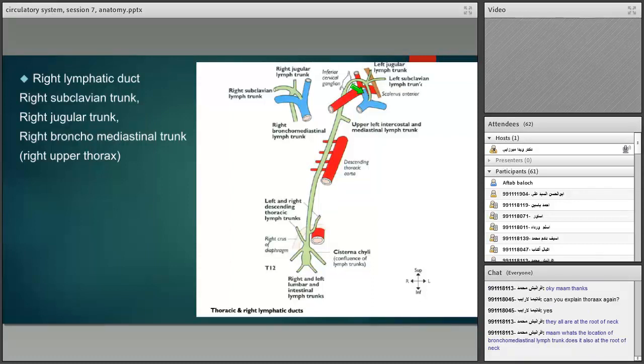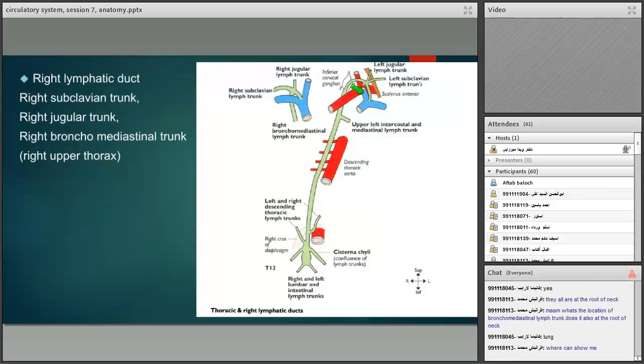Does the bronchomediastinal lymph trunk also drain at the root of the neck? No, the bronchomediastinal lymph trunk is not at the root of the neck. It's clear from its name, it's placed in the mediastinum. The bronchomediastinal lymph nodes are placed in the mediastinum, between the lung and heart, we can say.